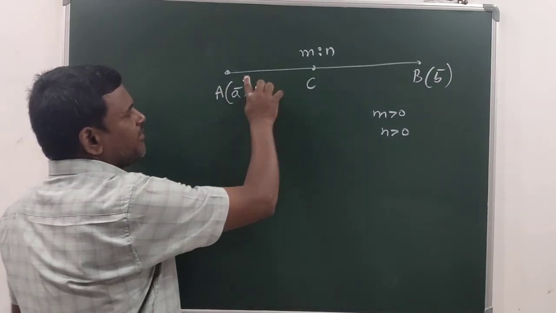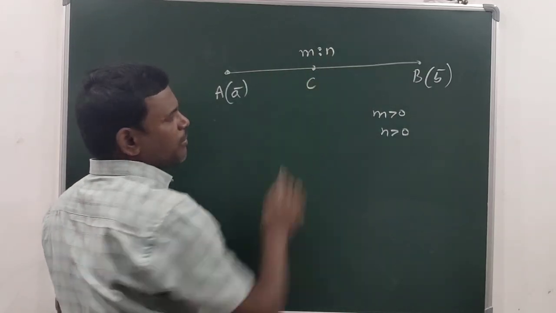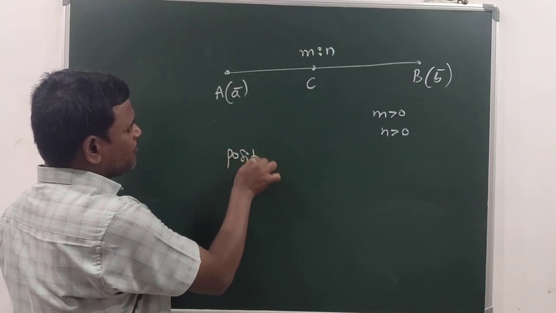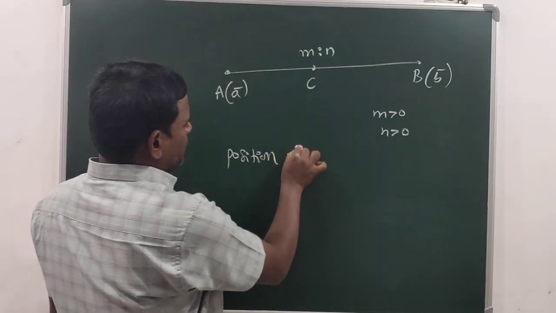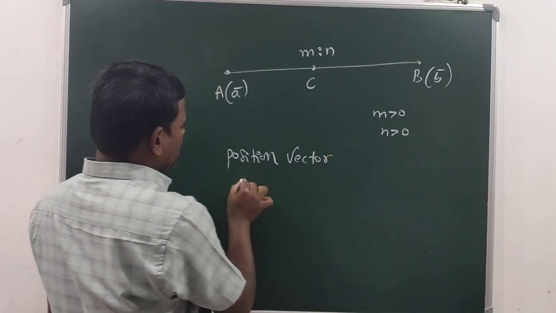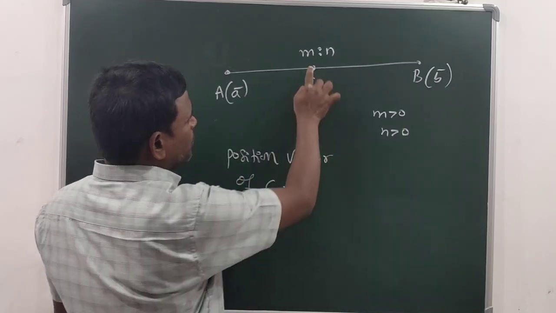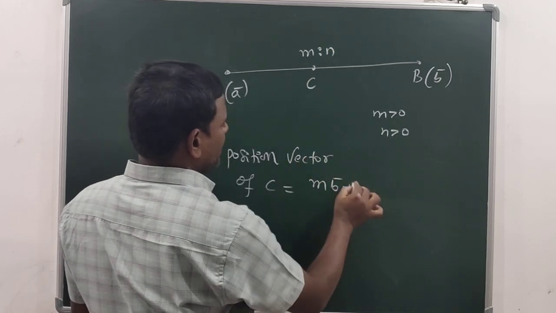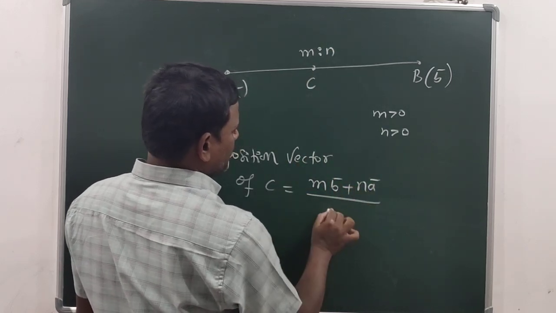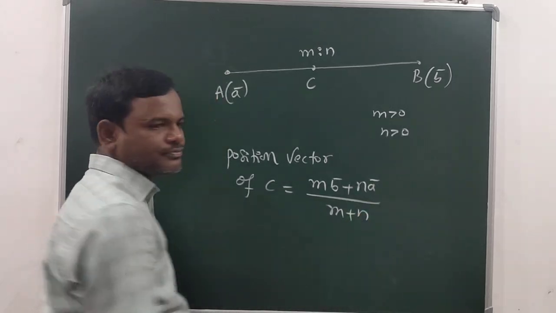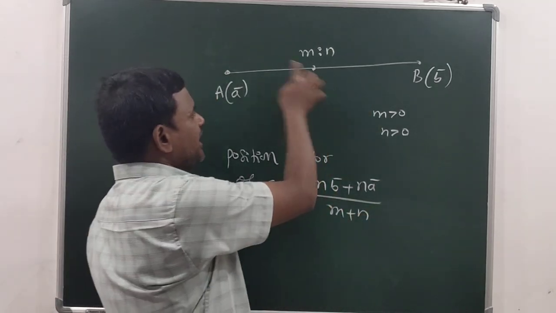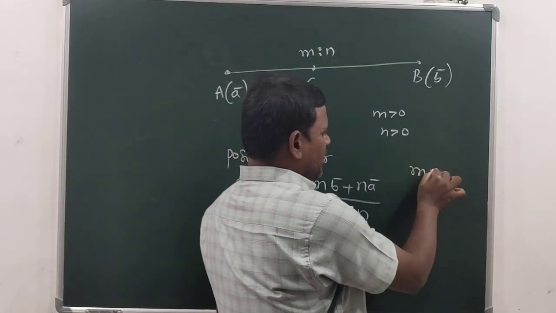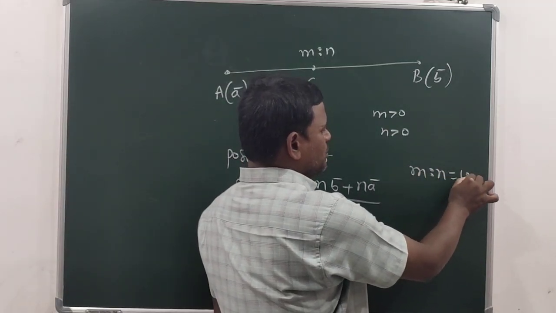So here C divides AB in the ratio of m is to n, no? Then the position vector of C is equal to m B bar plus n A bar by m plus n. If C is exactly the middle of AB, then m is to n is equal to 1 is to 1.